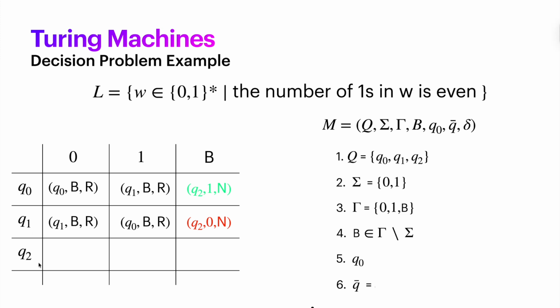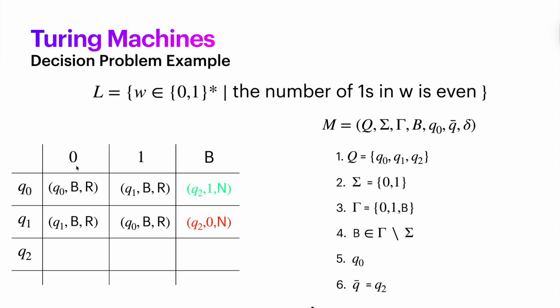And Q2 is the halting state, so Q bar is equal to Q2. And Q0 is the same as the starting state. So we start from Q0, and why? If we did not observe anything yet, then this means that we have observed an even number of ones. Why? Because 0 is even.